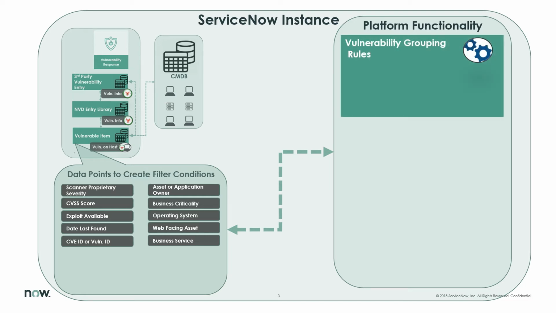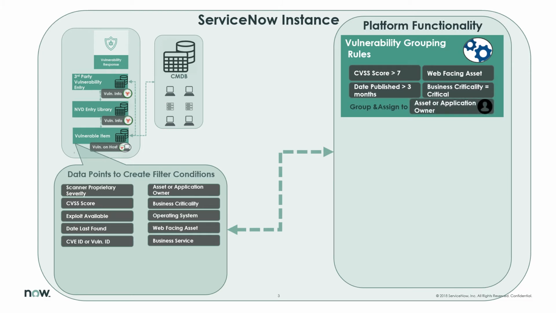So what you'll do is group vulnerabilities in bulk and assign those out using filter conditions that have these data points. So if in your environment you want to group and assign vulnerabilities, let's say all vulnerabilities with a CVSS score greater than 7 on a web-facing asset with a date published greater than 3 months ago, and on a business critical asset, we're going to group and assign those out to the asset or application owner.